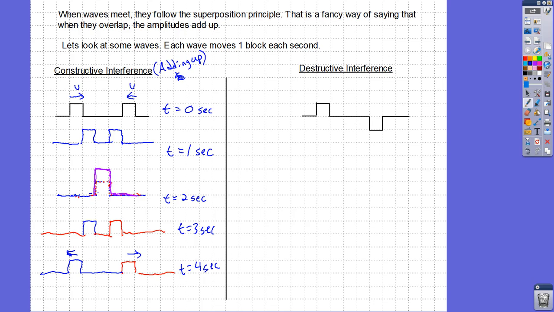So destructive interference, let's look at this here. So this is t equals 0 seconds. Okay, so let's see if I do my color thing here. This one will move one block. This red one will move one block.